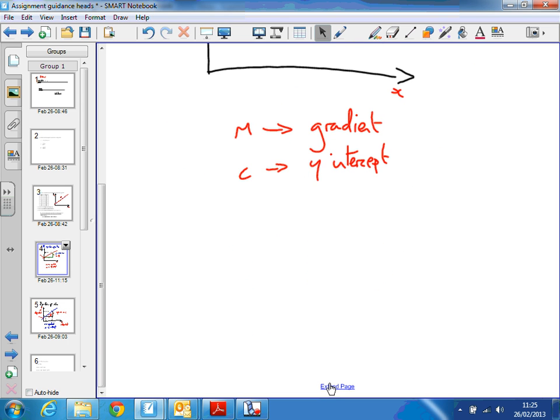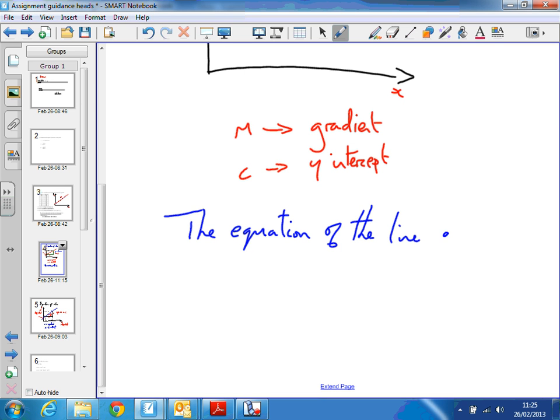If we just take an example, so the equation of the line gives a formula. Which is its use. Engineers like formulae.